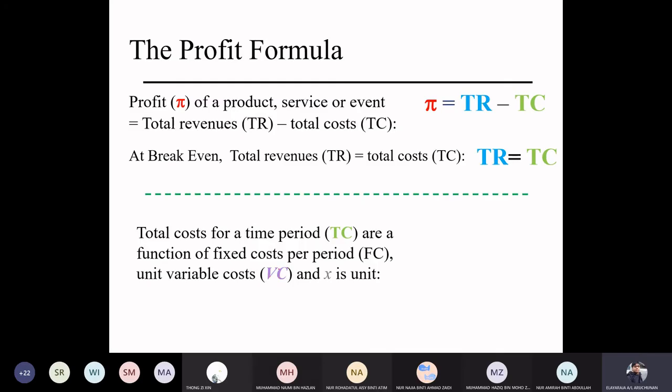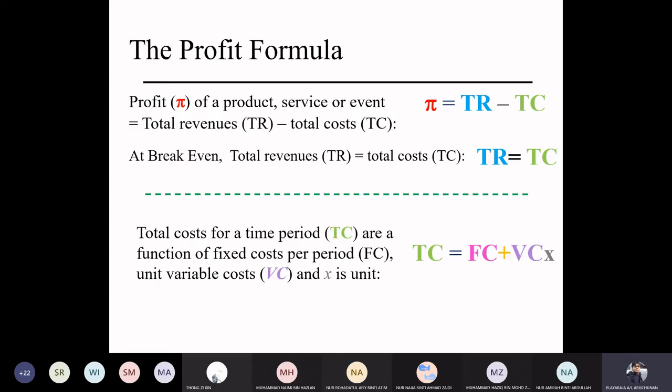We usually use VC for the variable cost, as I said earlier, and X, the number of units or products to be sold. So you can write total cost equals fixed cost plus variable cost multiplied by the number of units sold. That is how you calculate the total cost.